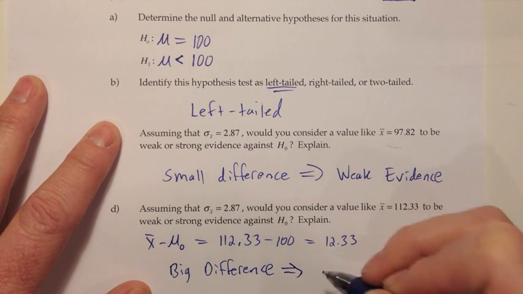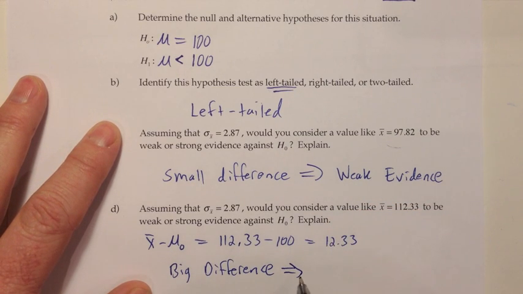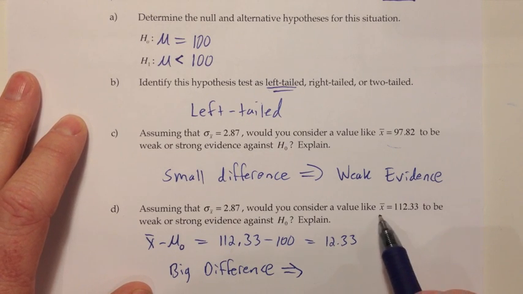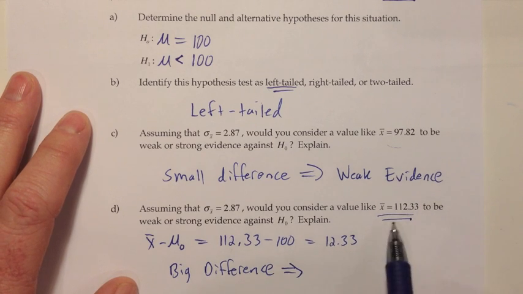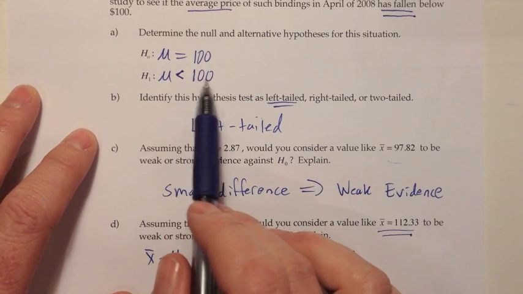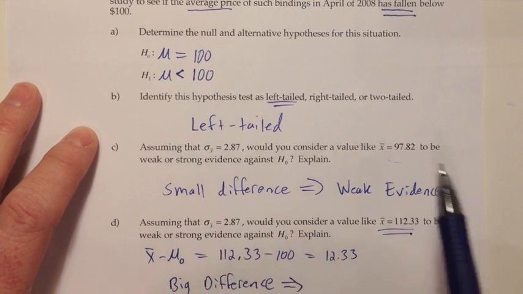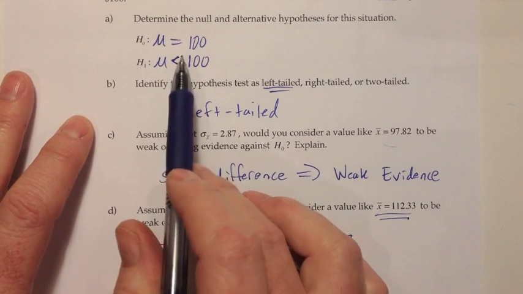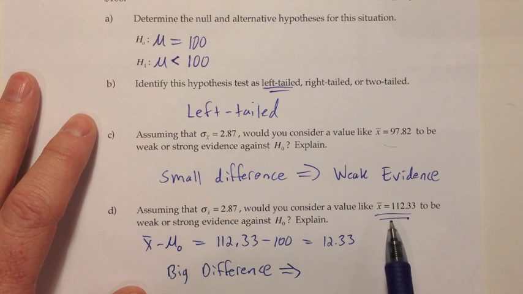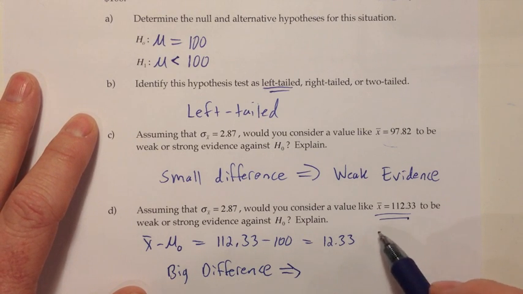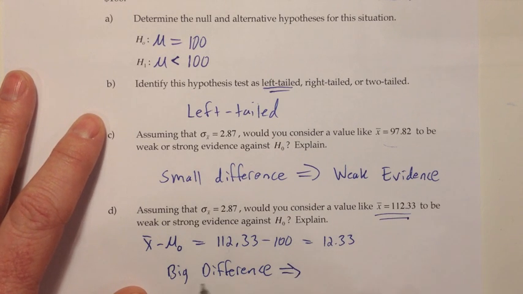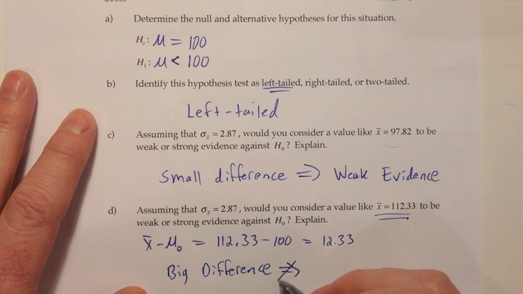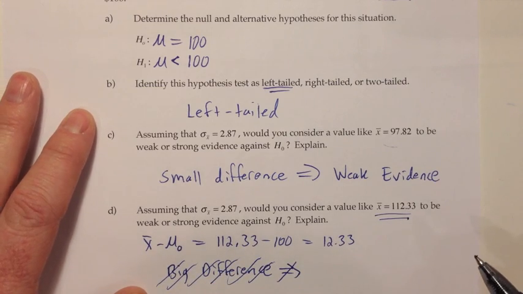And a little bit of a trick question here actually. I was about to say that big difference would be strong evidence, but something tricky has happened here. That x bar is not landing on the left side. 112.33 is not less than 100, it's more than 100. So we are getting a big difference between the claim value and our sample value, but it's in the wrong direction. And anytime you get a sample value that's in the wrong direction, whether that is a big difference or a small difference, it's bad evidence.